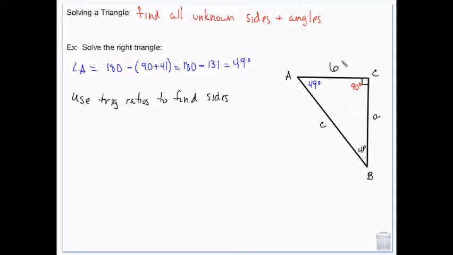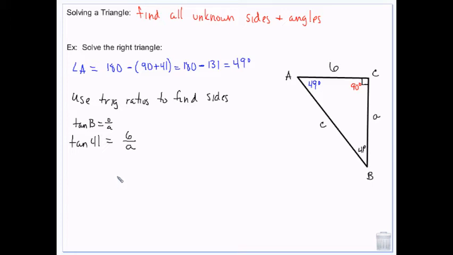B. Okay, so I'm going to use angle B. This is opposite, this is adjacent, correct? So opposite over adjacent is tangent. Okay, so tangent of angle B is equal to opposite over adjacent. So I'm going to use tangent of 41 is 6 over A.